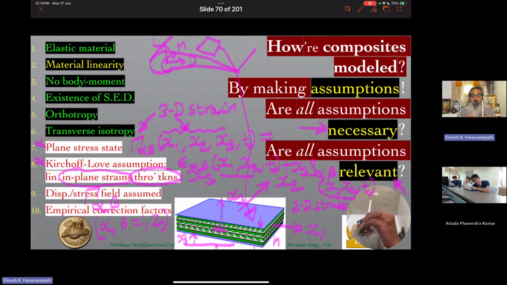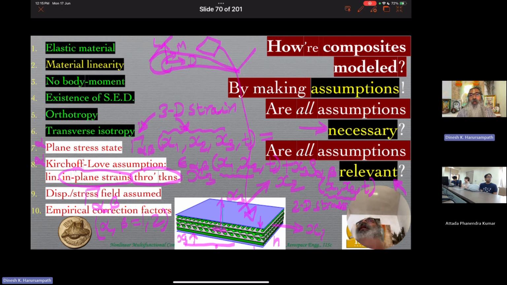Of course, there is a possibility, a remote possibility, that there were some problems with the conduct of the experiment itself. Therefore, you don't know which is the appropriate benchmark to take. But more often than not, if there is some repeatability with the experimentation, the experiment is much more reliable, and therefore the theory or computational results that you get will have to match with that as closely as possible.